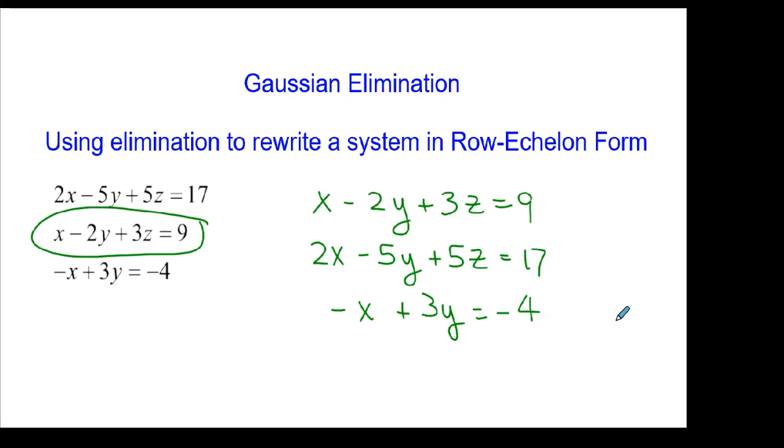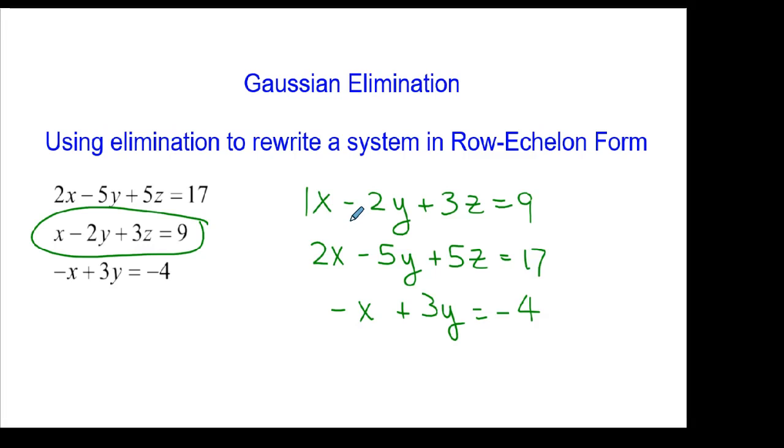You can rearrange as needed to get the coefficient of 1 on that first variable, but you can only do that the one time. So you do it before you start the process.